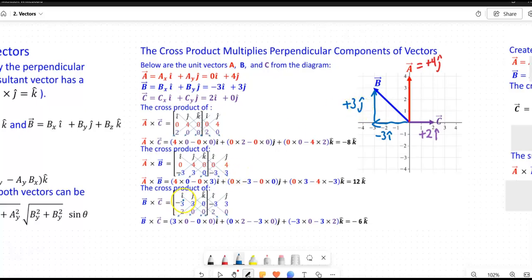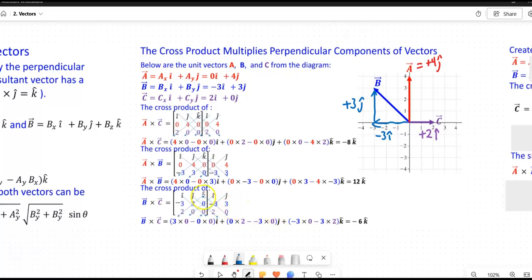Now let's try this out. We're going to create our matrix and then our extra portion. So i is going to be 3 times 0 minus 0 times 0. And then we're going to go for the j portion. It'll be 0 times 2 minus 0 times negative 3. It's going to be 0.